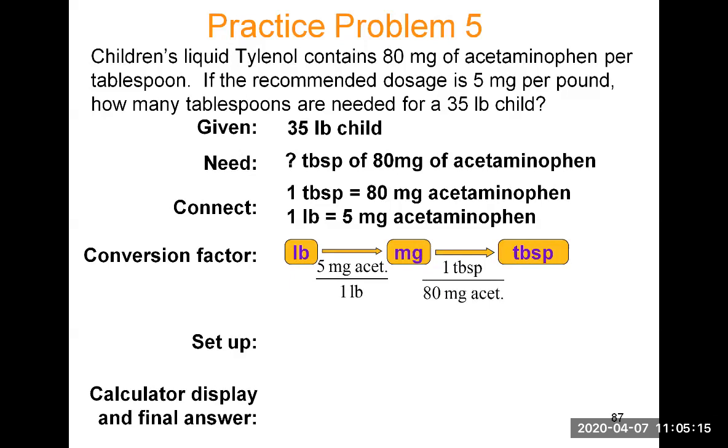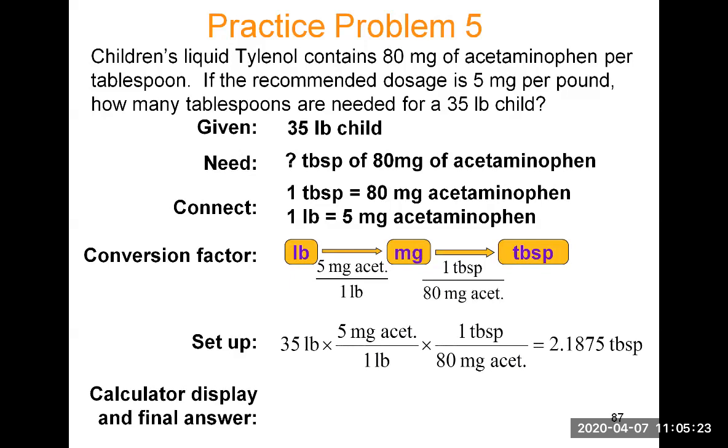When you write down the full calculation, you always want to start with the given amount. The given amount is in the numerator. Remember, the 35 pounds could have a line and a 1 under it to say there's nothing in the denominator. Multiply by the first conversion factor, 5 milligrams over 1 pound, times the second conversion factor, 1 tablespoon over 80 milligrams. We verify that this is properly written by cancelling units.